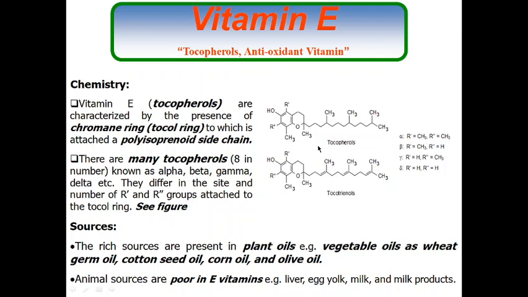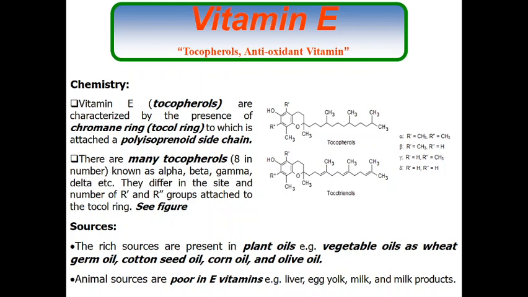So what are the sources of vitamin E? The richest sources are the plant oils, for example the vegetable oils such as wheat germ oil, cottonseed oil, corn oil, and olive oil.